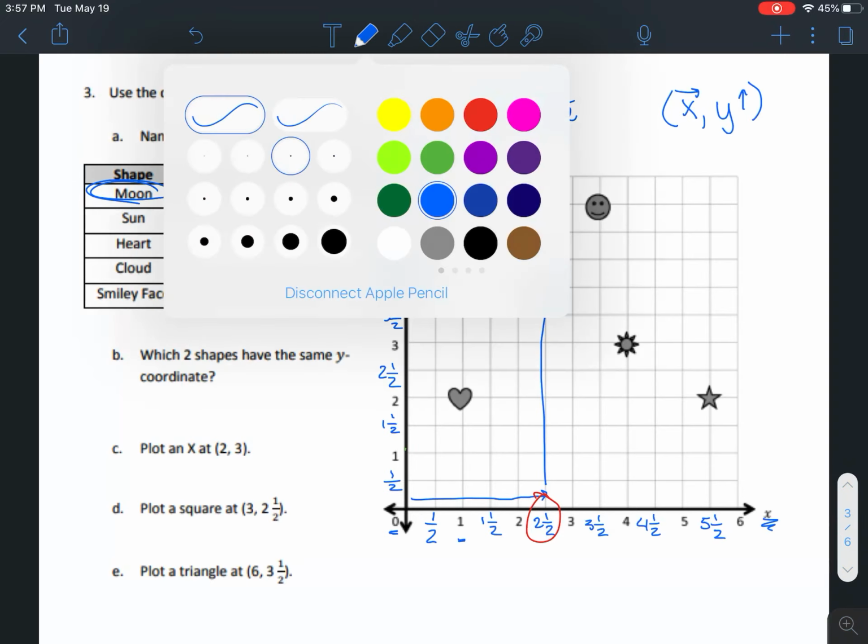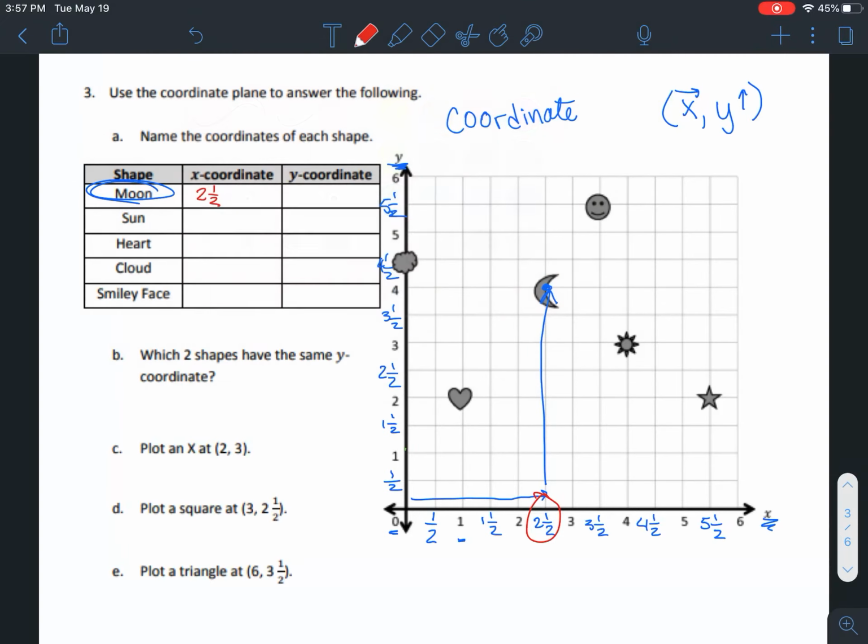So I know the y coordinate is 4. That means the coordinates of the moon are 2.5, 4. You're always going to move on the x-axis first, which means you're moving side to side, and then you're going to look for the y coordinate, which is going to go up or down.